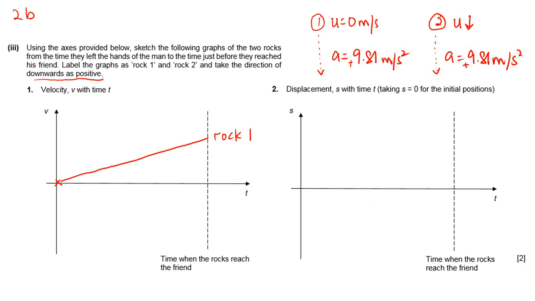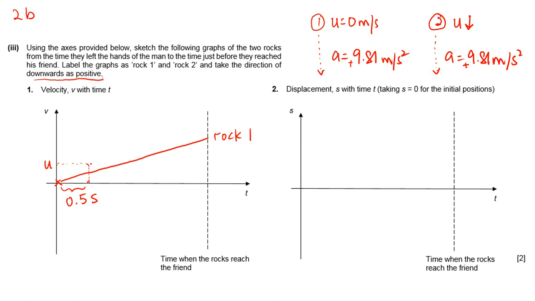So for rock 2's graph, the initial velocity is u, so it shouldn't start from 0. Rock 2 was being thrown 0.5 seconds after rock 1 was being released. Therefore, we should start the rock 2 graph 0.5 seconds later, and it should have a certain u value at the start.